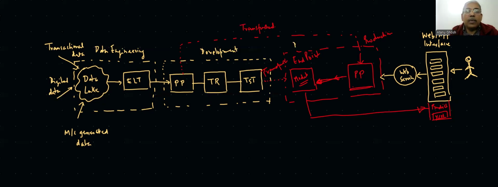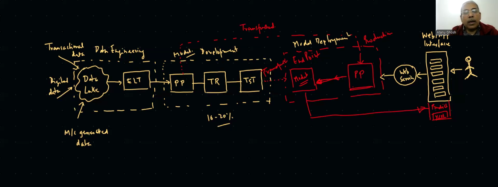So now you can see the core part, which is the model development, the core of data science, constitutes maybe 10 to 20% of the activities, whereas the remaining 80% of the activities are in this.